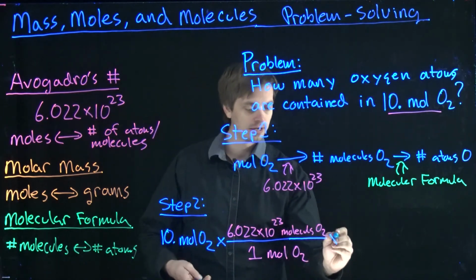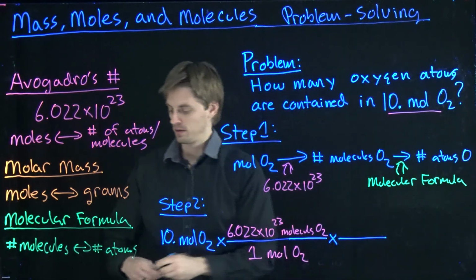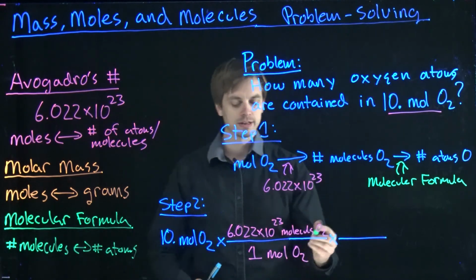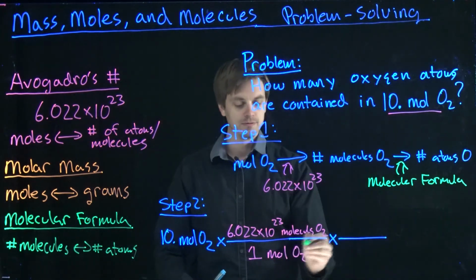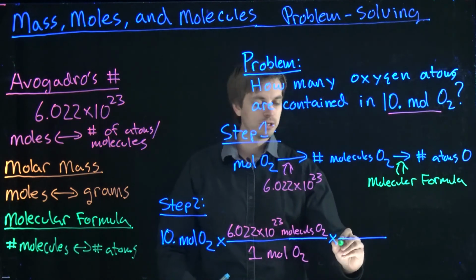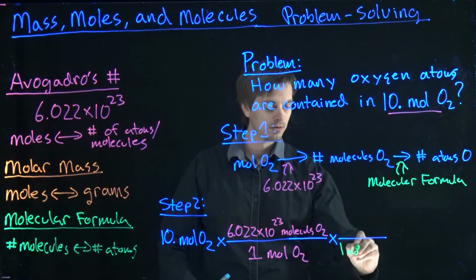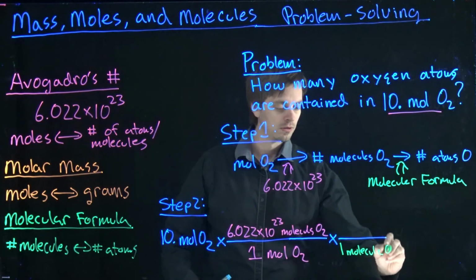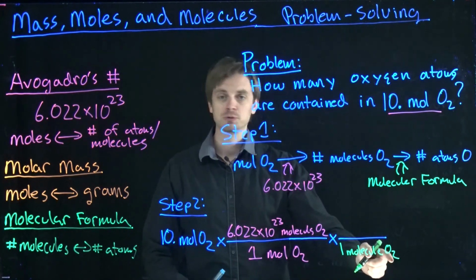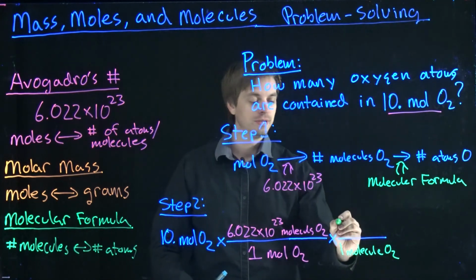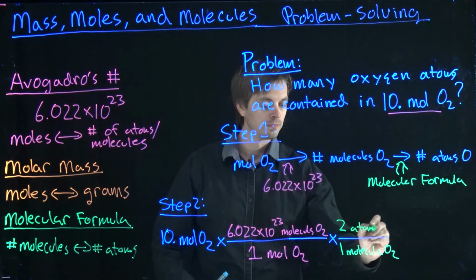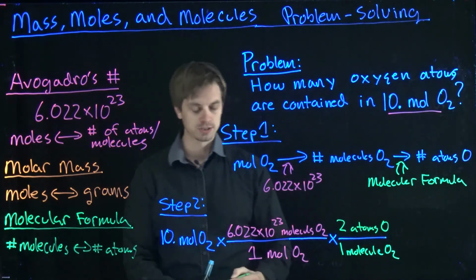So we can set up, using our molecular formula here, the fact that for every one molecule of O2, there's a subscript 2 on that oxygen, which means there are going to be 2 atoms of oxygen. Okay?